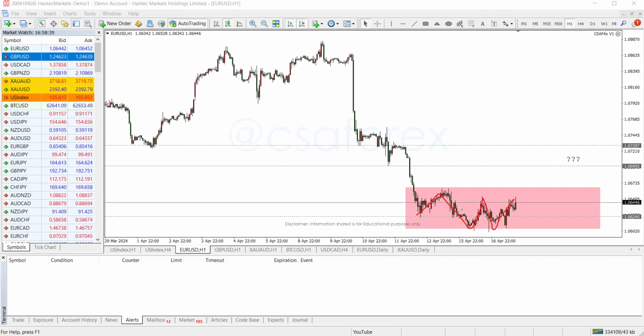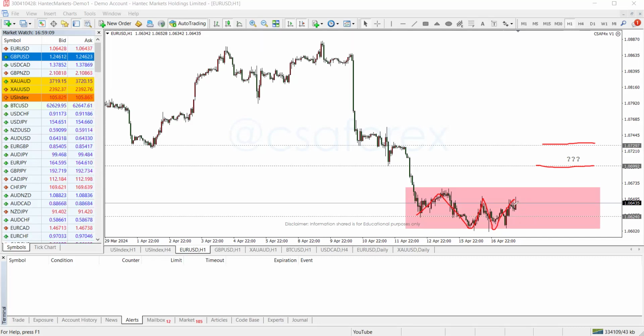The only question now is, when it ranges after a trending move, is it now going to continue in that direction of the trend, or is it going to pull back? Because if you are a trend trader, based on what we have in front of us, you'll be expecting a pullback to this area or a pullback to this area in order to follow through with this particular wave, with this particular downtrend.